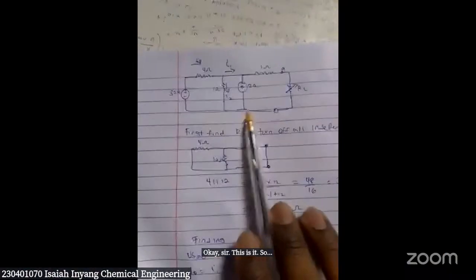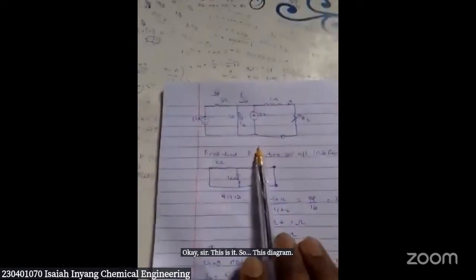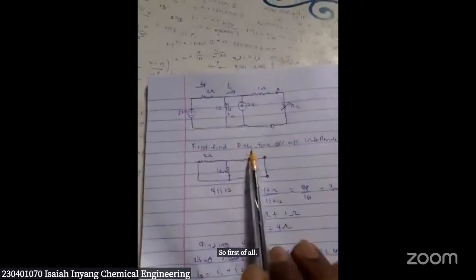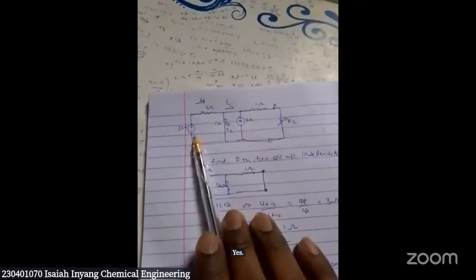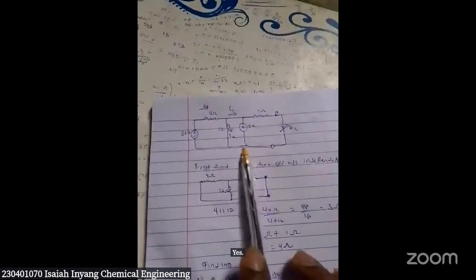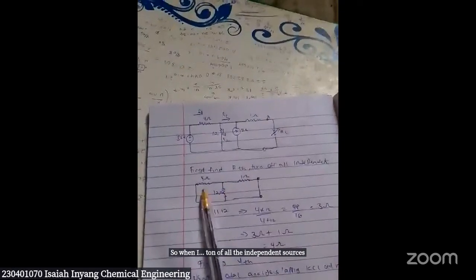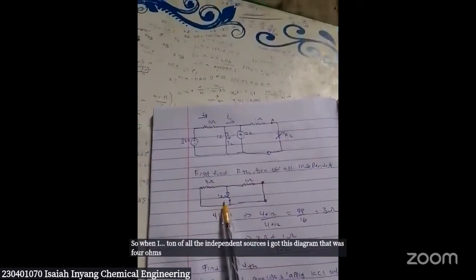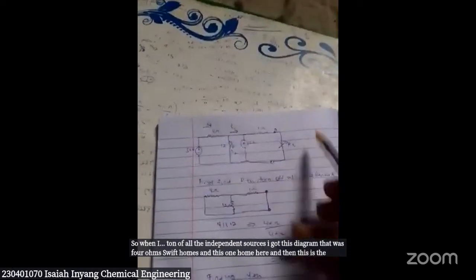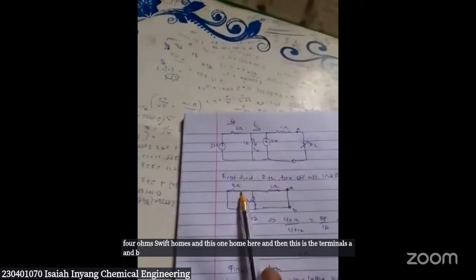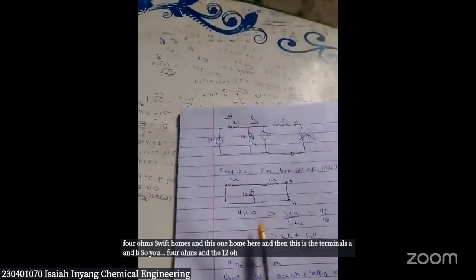So this is the diagram. First of all, finding RTH, we have to turn off all the independent sources. That is this 2 ampere and the 32-volt source. So when I turn off all the independent sources, I got this diagram. That's 4 ohms, 12 ohms, and this 1 ohm here, and then the terminals A and B. The 4 ohms and the 12 ohms are in parallel.